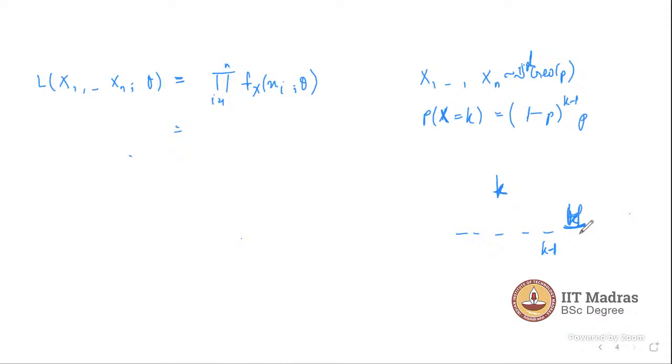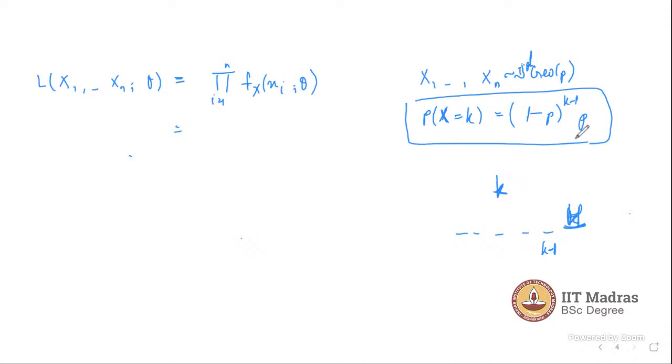Whenever we have to find the maximum likelihood estimator, first we define the likelihood function. If the samples follow the geometric distribution, we first write the distribution: (1 minus p) to the power k minus 1, into p.